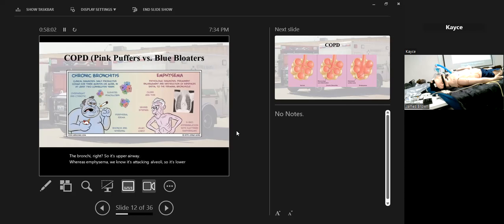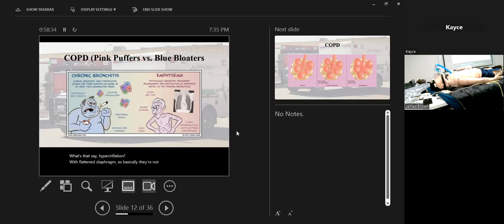It usually happens in older people, usually caused by smoking. Severe dyspnea, they have really short breath all the time. Quiet chest sounds. X-ray, let's say hyperinflation with flattened diaphragm. So basically they're not breathing quite as well.